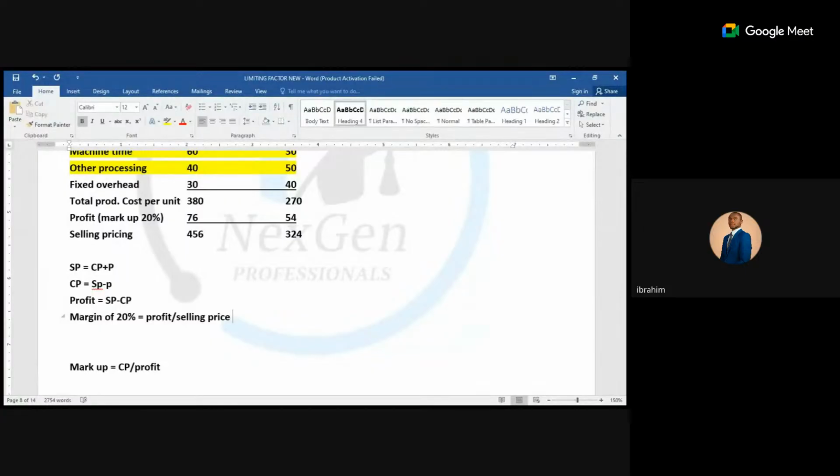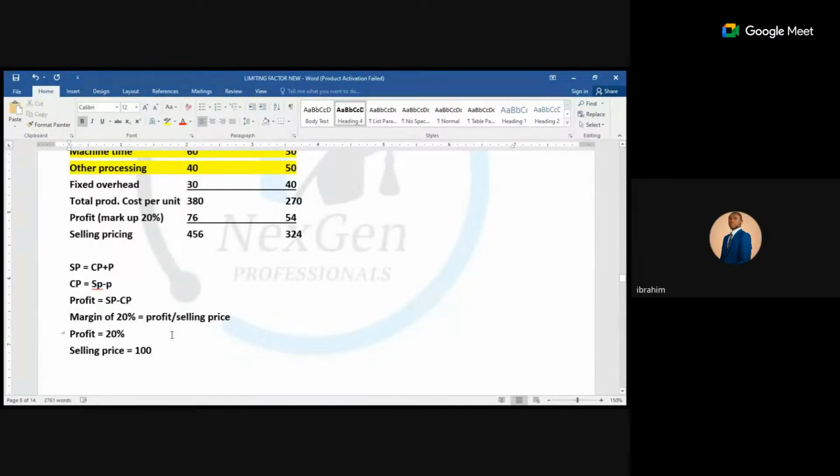Margin of 20% means that profits is equal to 20 and selling price is equal to 100. That is what it means. Margin is profit over selling price. Profit will be 20 and selling price will be 100.